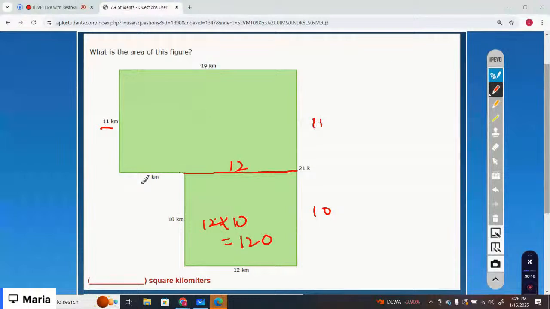This is 19, so then this length from here to here is also 19. So you have to do 11 times 19. 11 times 19 is 209. So just add both the areas, 209 and 120. So the correct option is 329.